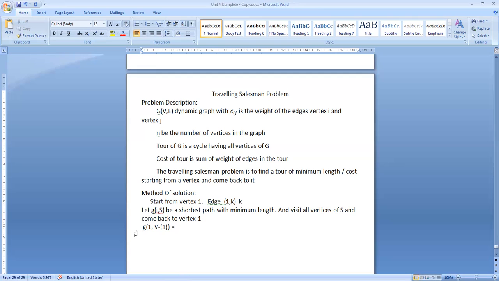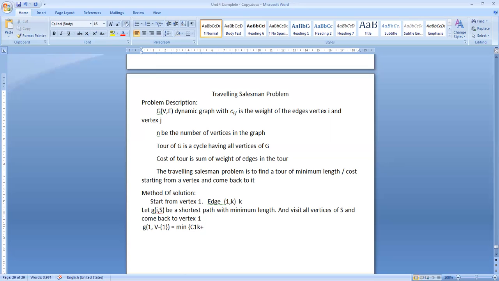If that is so, then what is this one? This g of 1 comma V minus 1 is nothing but the minimum of the cost involved from vertex 1 to a vertex k, which could be any of the remaining vertices, plus then from the vertex k visit all the vertices and come back to the original vertex.